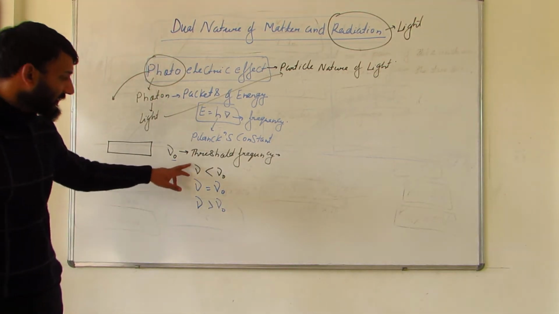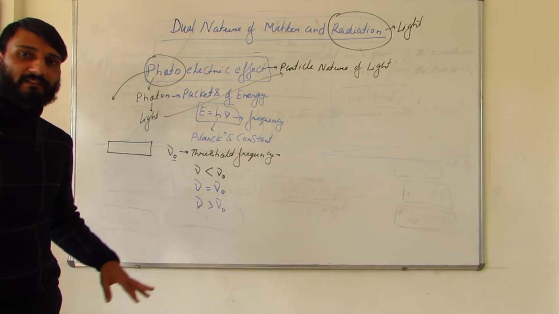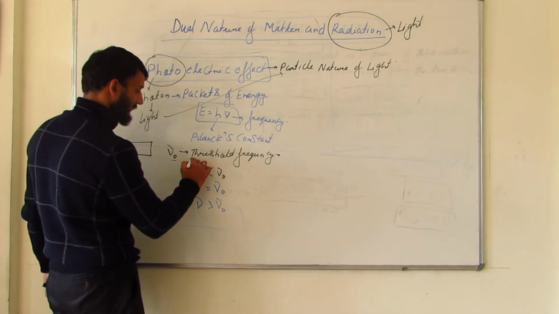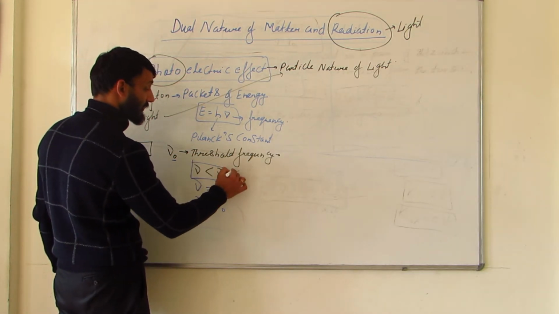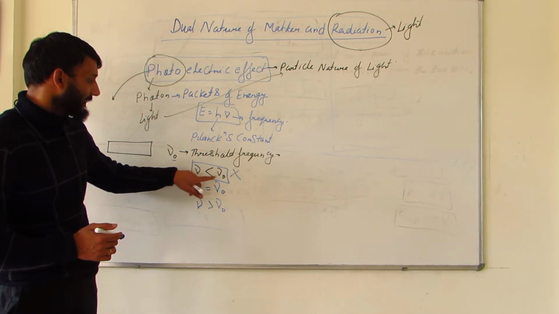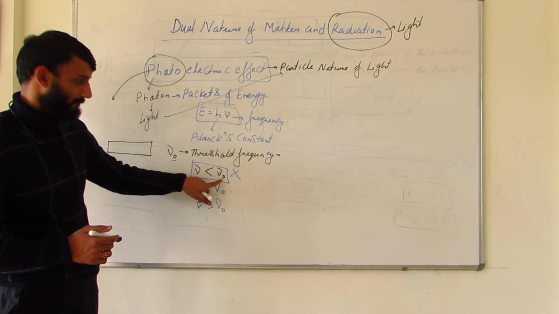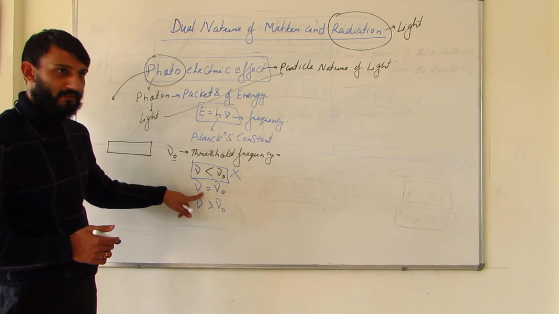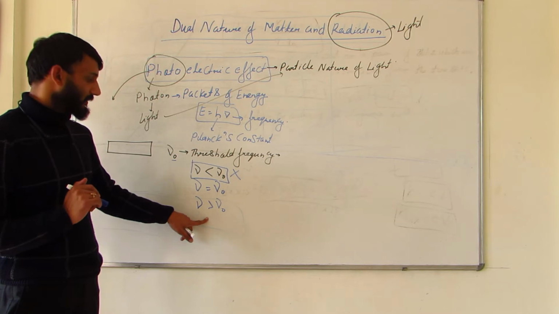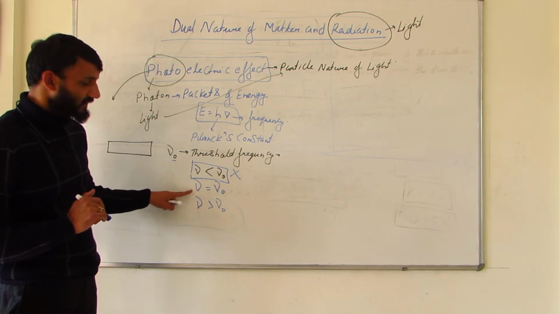Can you tell me in which case the emission of electron will take place and in which case it will not? You are quite sure that in the first case emission of electron will not take place because the frequency of the light is less than the threshold frequency. In the other two cases the emission of electron will take place.